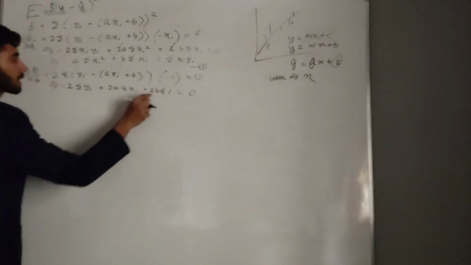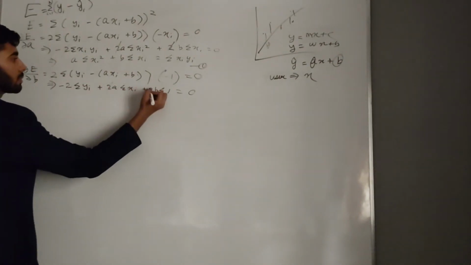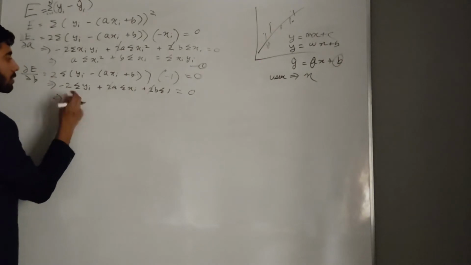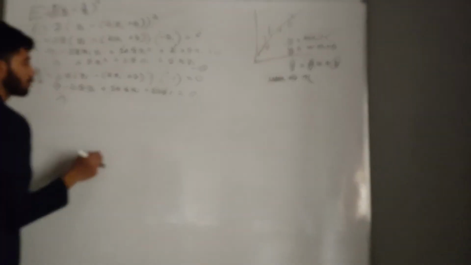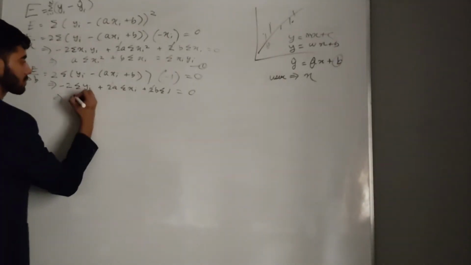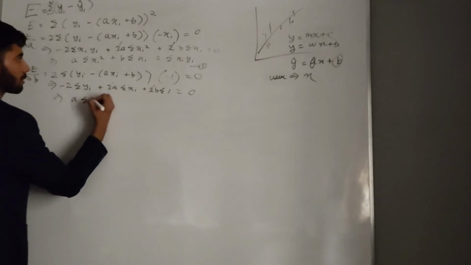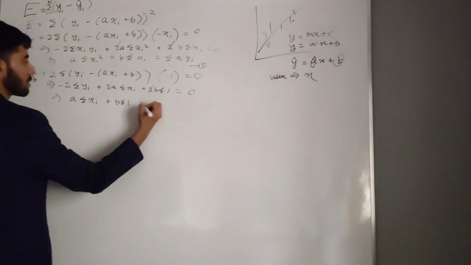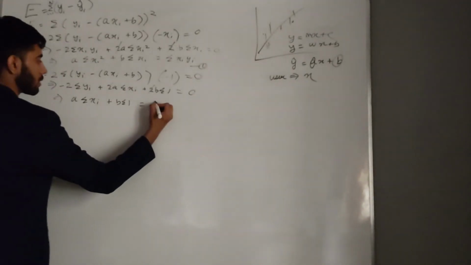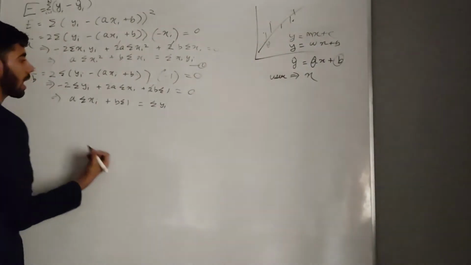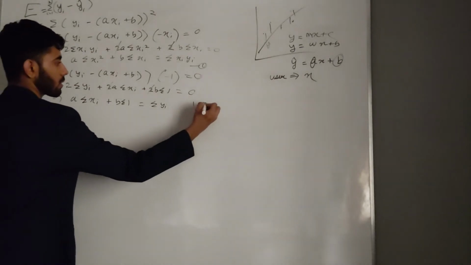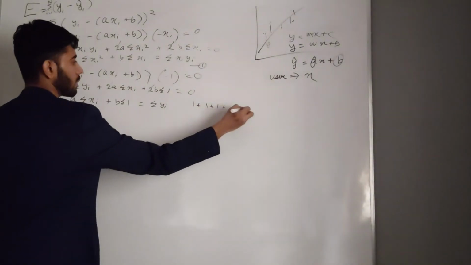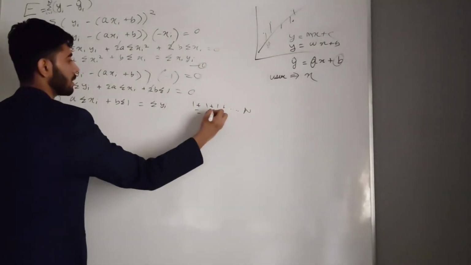Each 2 is going to get cancelled here, and I'm going to transpose this term over here. So I will get a summation of xi plus b summation of 1, which is equal to summation of yi, and 1 plus 1 plus 1 up to n terms is always going to give me n.